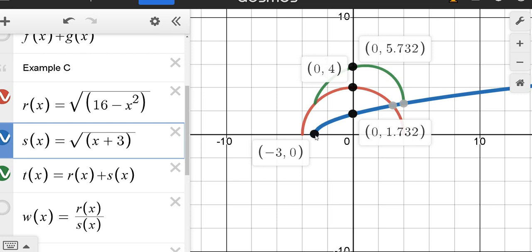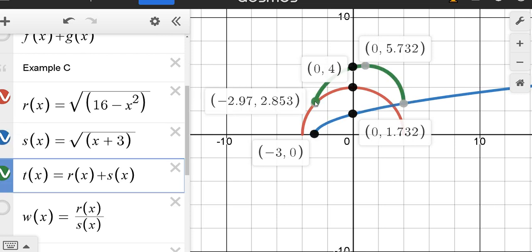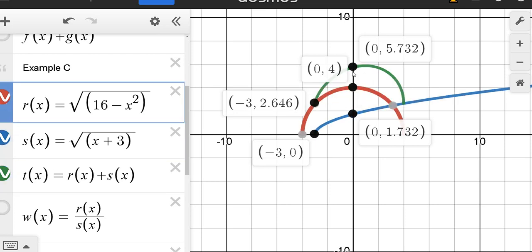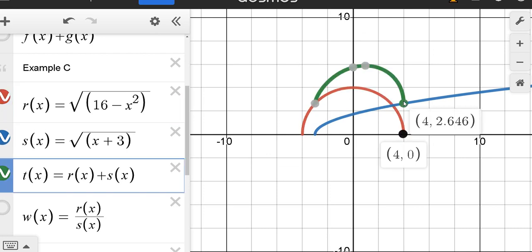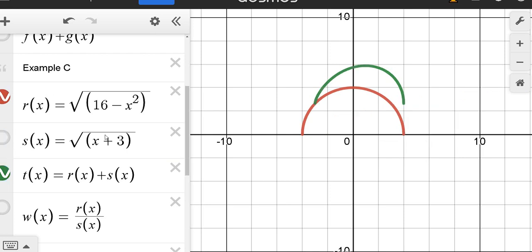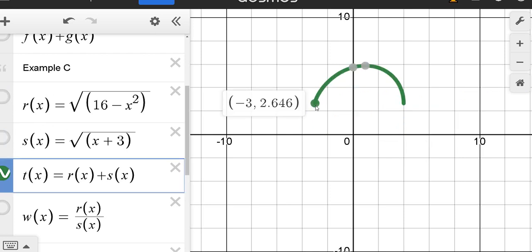So it would only be defined where they're both defined, and that starts at negative 3 and finishes at positive 4. At positive 4, f is defined, so is g, so positive 4 is also part of your domain. So it's just where they overlap, and that overlap region is negative 3 to positive 4.